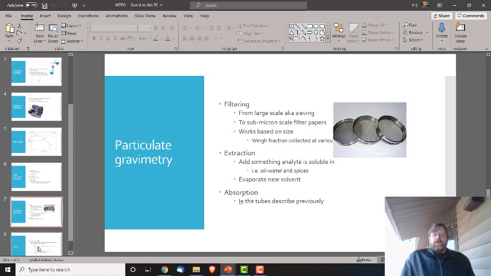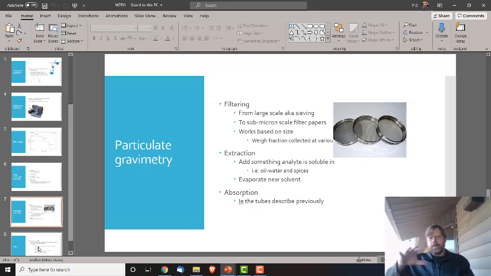You've also got particulate gravimetry. In essence, this is filtering. So this goes from large scale filtering, which is generally called sieving. On the lab scale, you've got mesh screens. I've seen them from 4 inches in diameter to probably about 8. They tend to be stacking.